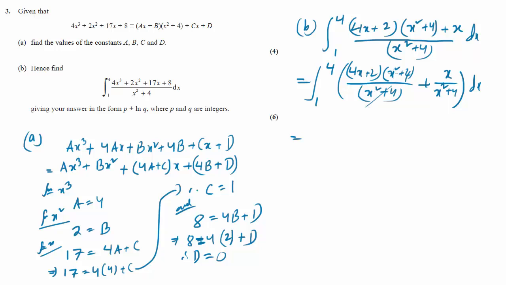Now the first part, this and this cancels off, and we can just write it as integral 1 to 4 of 4x plus 2 dx. Let's separate it with the next one, integral 1 to 4 of x over x squared plus 4 dx. Now it's very easy to integrate 4x plus 2, but the difficult part is going to be the second part, which looks quite irregular. So let's do this first part.